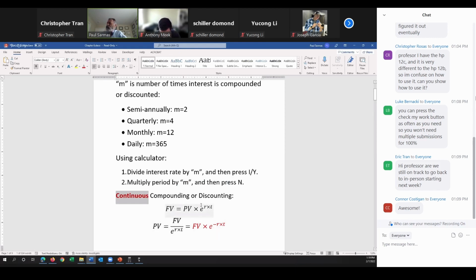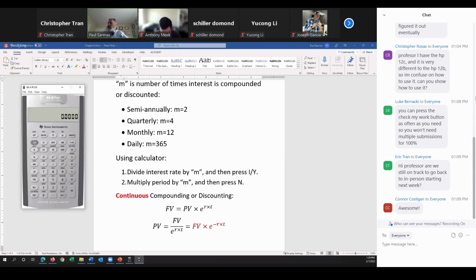Then you use the exponential values here. But for the calculator, take the interest rate divided by M, whatever that value is, and then press I. Take the period T, multiply it by M, and then press N. And that will make the adjustment.